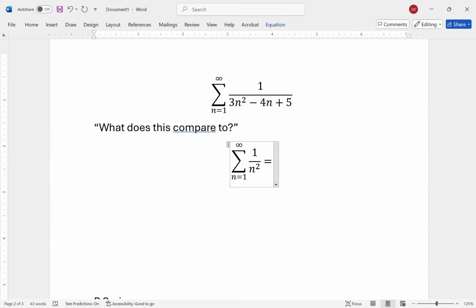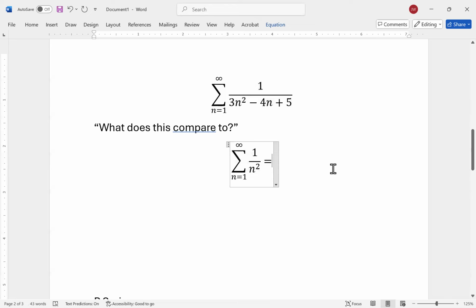The reason why I want to use this one is because my rational function here is 1 over a quadratic. It's 1 over 3n squared minus 4n plus 5. That's giving me the terms in the series.